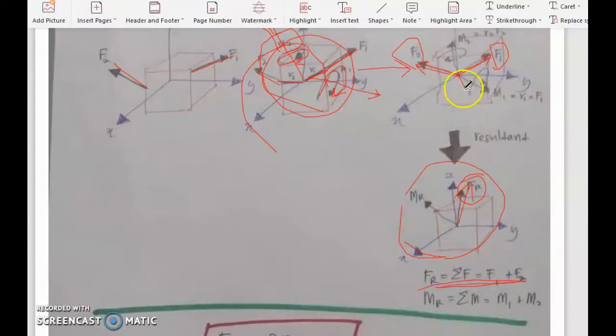The same goes for the moment: these two moments you sum up to become one moment, which is the resultant moment, M resultant. The formula is also the same as this.